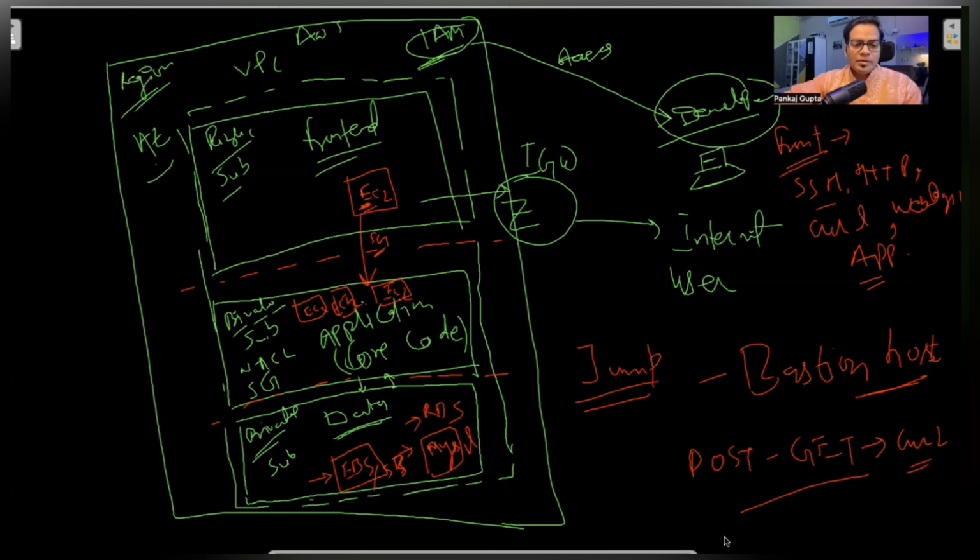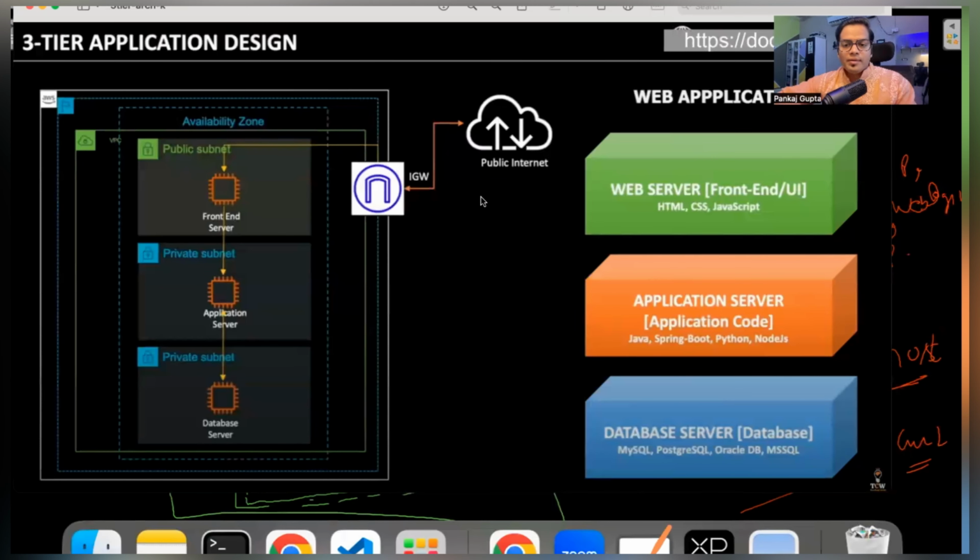Okay, so it's going to look like this. We have the AWS, a public subnet, and a private subnet, and here again a private subnet, which has the database, application, and the front end.